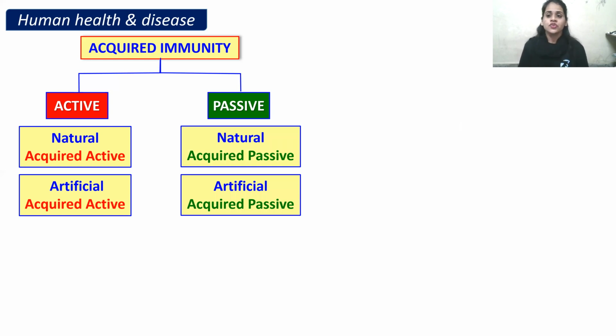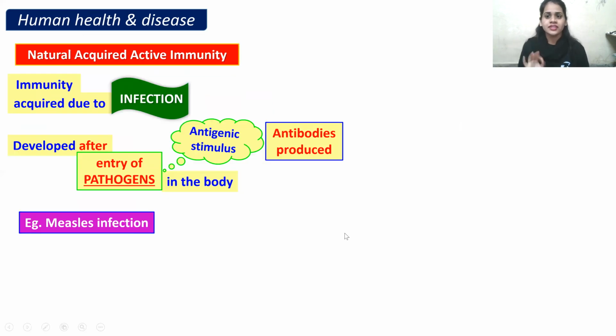Is it clear? So acquired immunity gets divided into two: active, passive. Active into natural, artificial. Passive again into natural, artificial. Okay. So now let us understand each one of them in detail with examples so that it gets clear in your head. Okay. So let us first talk about the first immunity, that is natural acquired active immunity.